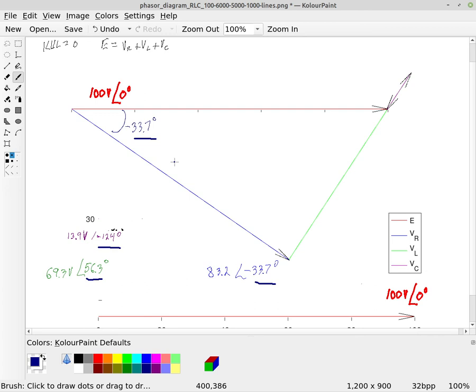Again, this is referred to as a phasor diagram. And so if your phasors are to scale, you draw this exactly to scale. So you draw the magnitude and draw your angles to scale. You can satisfy Kirchhoff's voltage law for an AC circuit using a phasor diagram.